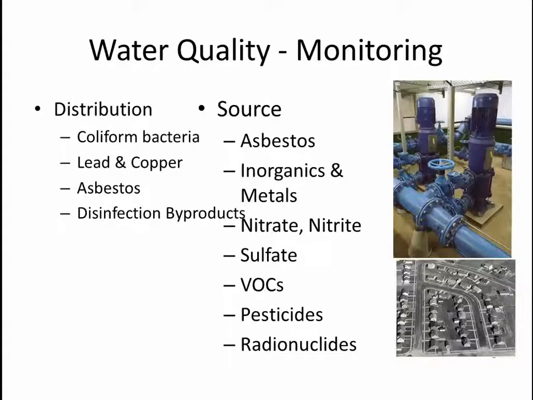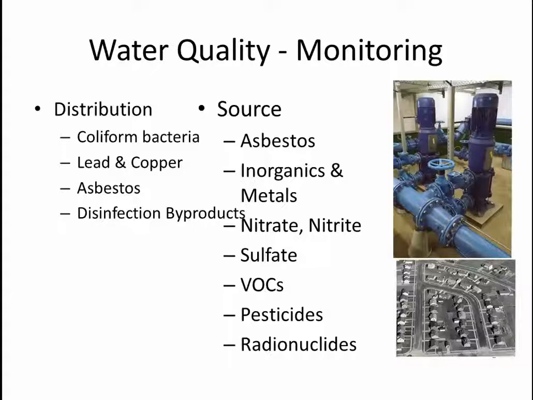So it's easy to understand our monitoring requirements if you understand that they apply to where you take the sample. This first list of samples under distribution: coliform bacteria, lead, copper, asbestos, and disinfection byproducts, those are required to be taken in the distribution system.